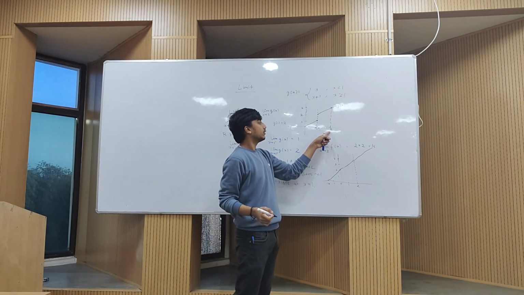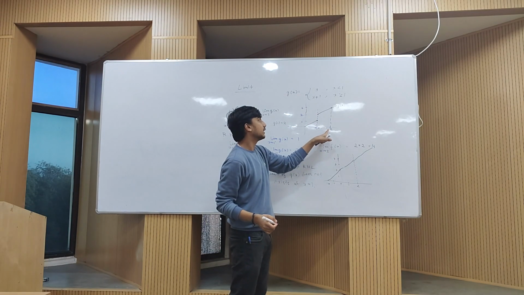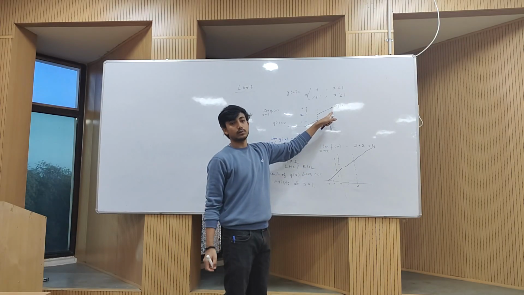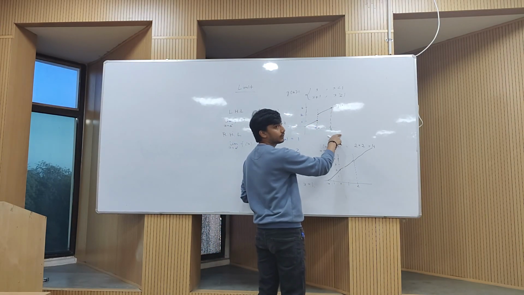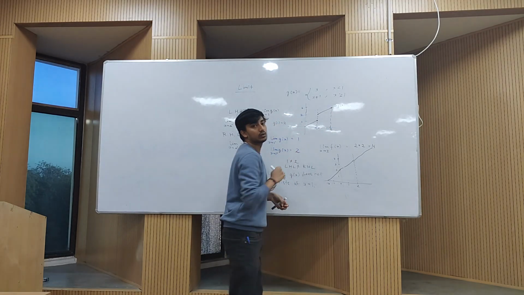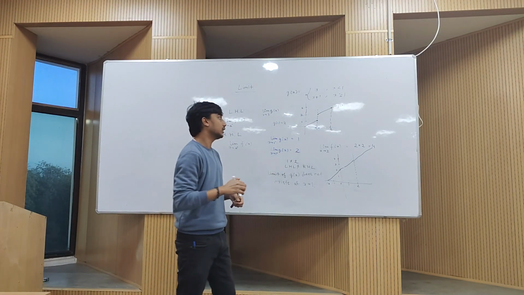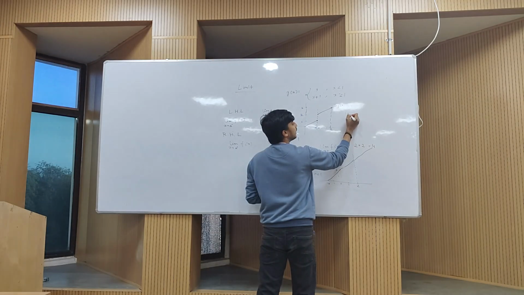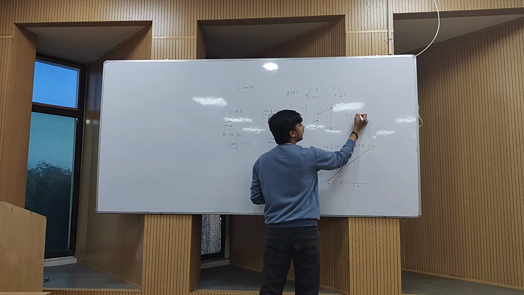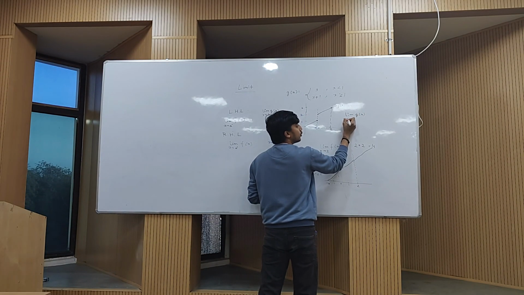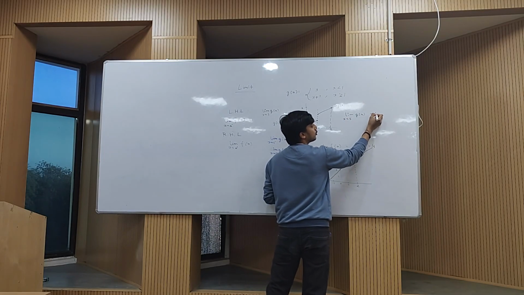When x approaches 5 from the left side, the left hand limit comes out to be 6, and when x approaches 5 from the right side, the value of g(x) again approaches 6. So if we need to calculate the limit of g(x) as x approaches 5, this comes out to be 6.